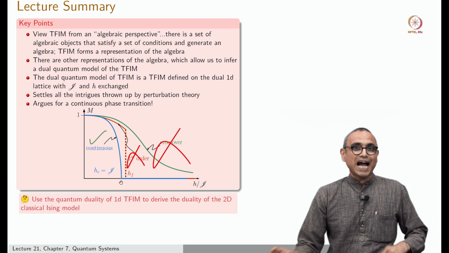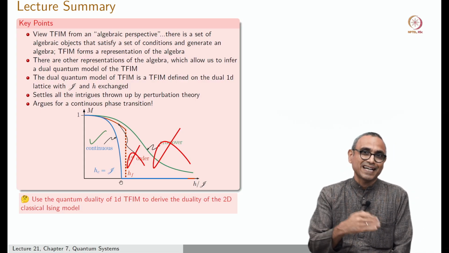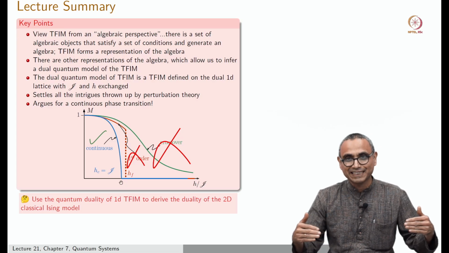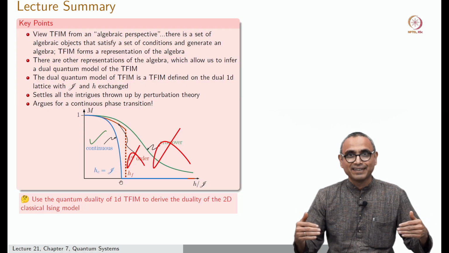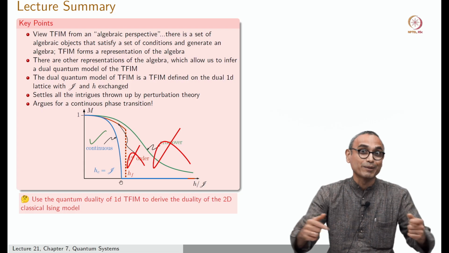Okay, I would like to invite you to try out something. Remember, in an earlier lecture, a couple of lectures back, we saw that the transverse field Ising model in one dimension can be mapped to a classical model in 2 dimensions.